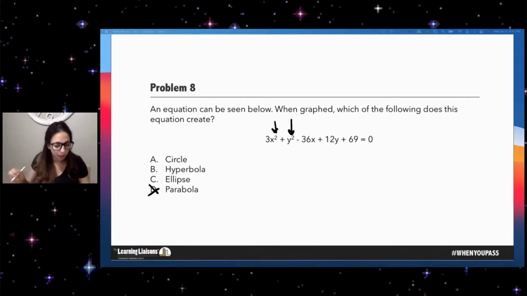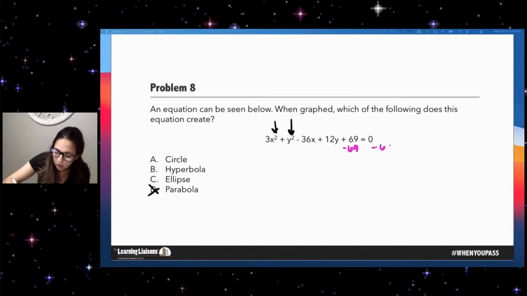So how do I do that? Well, I have to use the completing the square method to be able to do this. So I'm going to get all of my x terms together, and I'm going to get all of my y terms together, and then I'm going to get my constant on the other side. All right, let's get going. So I'm going to first subtract this 69 from both sides.